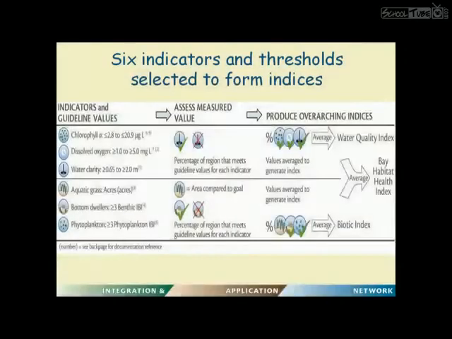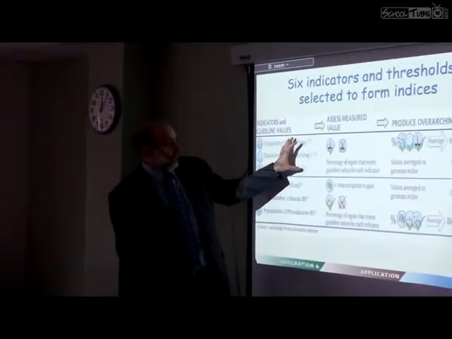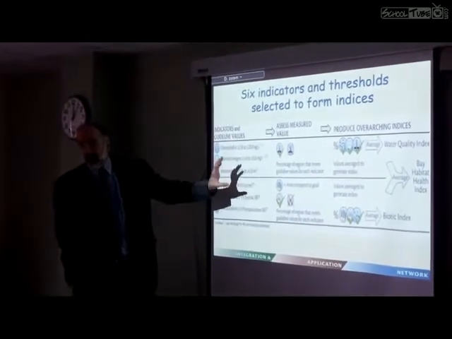The idea that I want to present today has to do with the Bay Health Index that we've been developing as part of the EcoCheck, NOAA, University of Maryland Center for Environmental Science partnership, in which we take three indicators of water quality: chlorophyll A, dissolved oxygen, and water clarity, and establish thresholds for them. We also take three biotic indicators: the aquatic grasses, bottom dwellers (the benthic index of biotic integrity), as well as a phytoplankton index of biotic integrity.